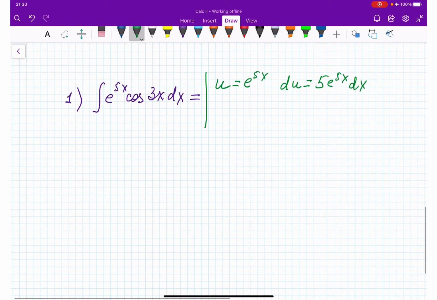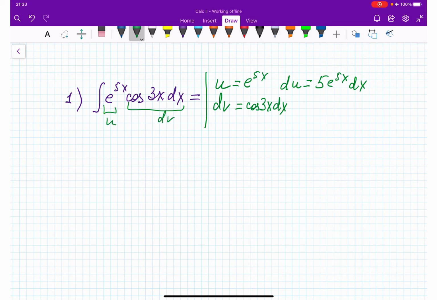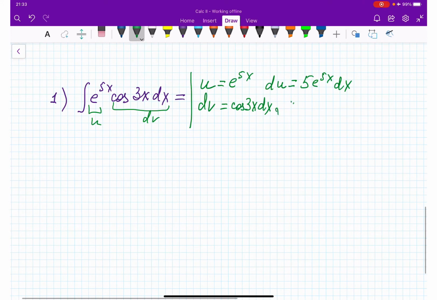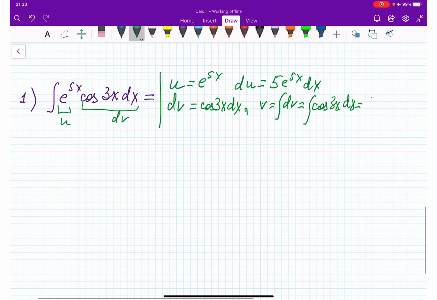And dv that is given is cosine 3x dx. This is dv, this is u. And if I take the integral for v, it's going to be the integral of cosine 3x dx, and that is going to be 1/3 of sine 3x.